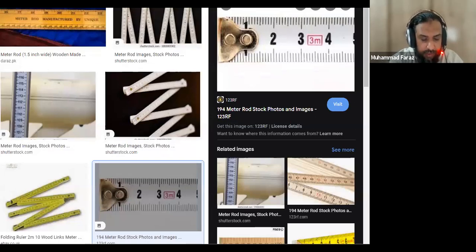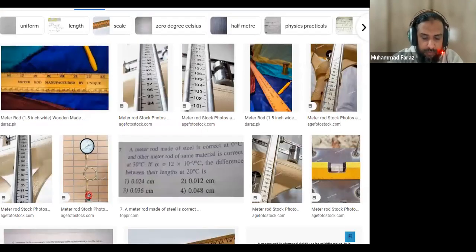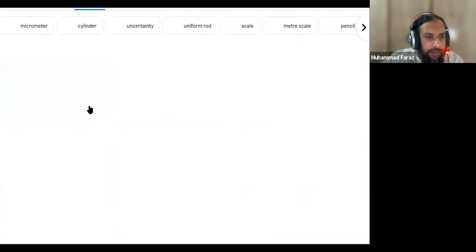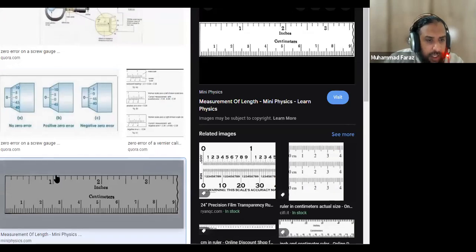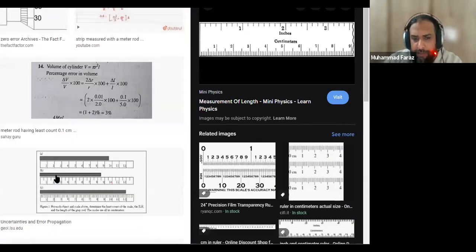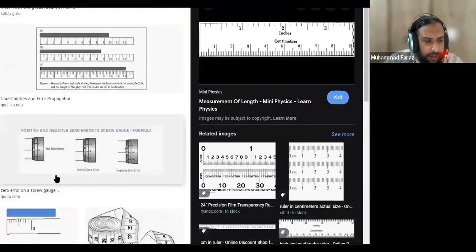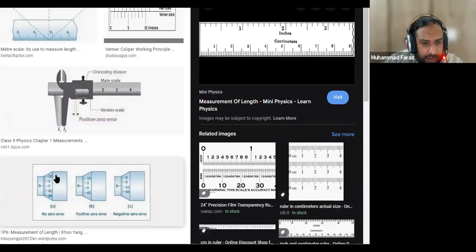Listen, zero error on the meter rod. Look, I hope if you can easily get to your geometry box scale right now, you might find there a problem with the scale.